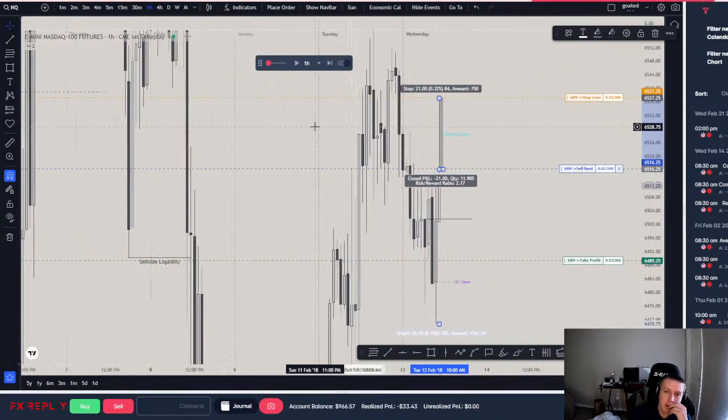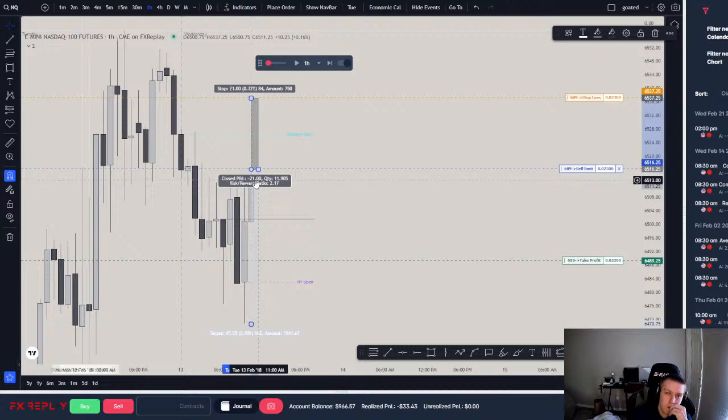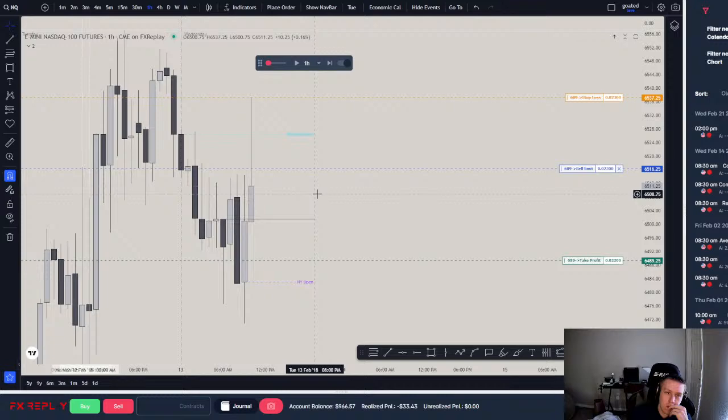Is that an hourly bearish fair value gap? Oh yeah. Look at that BPR.